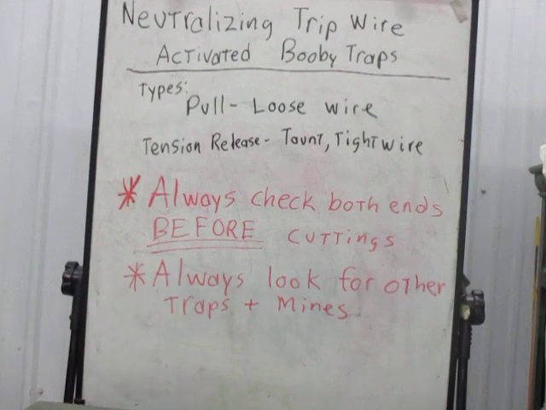Now, the person that is up there on the booby trap needs to call off, needs to inform the people behind him what he's doing. That way they know, or at least have an idea, what may have been screwed up if it goes off.